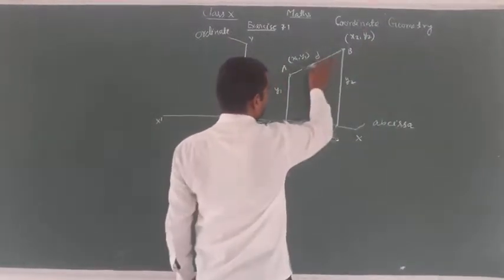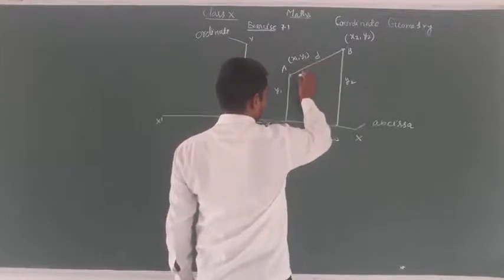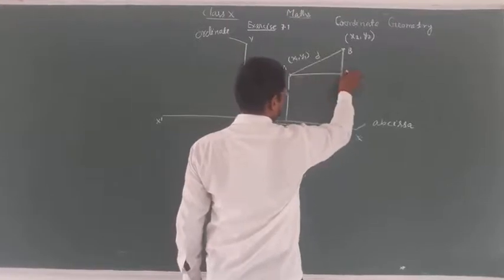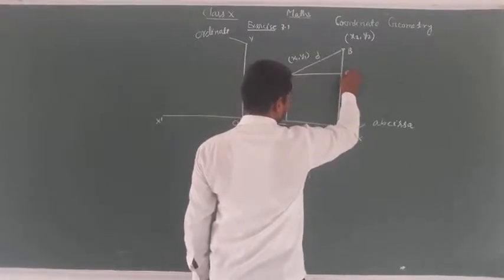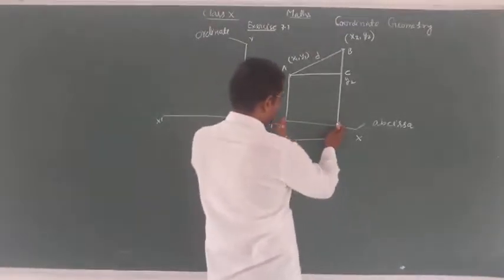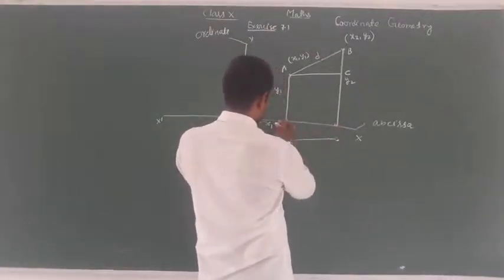Now we can find the distance. Let this point be C. The distance between them is x2 minus x1.